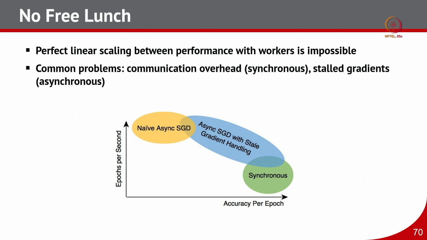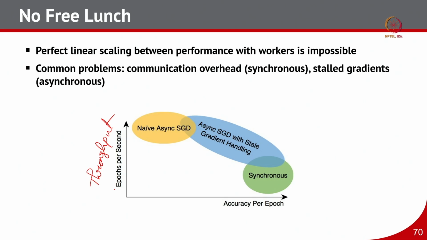Okay. So, this particular figure is showing epochs per second, which you can think of as throughput, versus accuracy per epoch, right. The most synchronous stochastic gradient descent, where we communicate after each mini batch, of course will have higher accuracy per epoch, but then the throughput will be less, because the throughput will be bottlenecked by the communication.